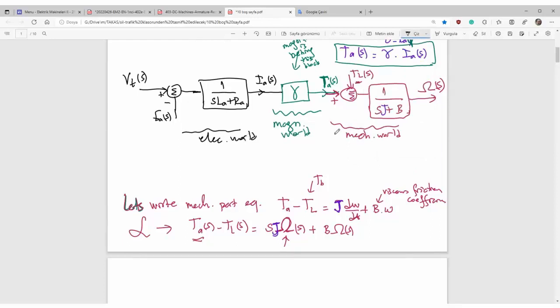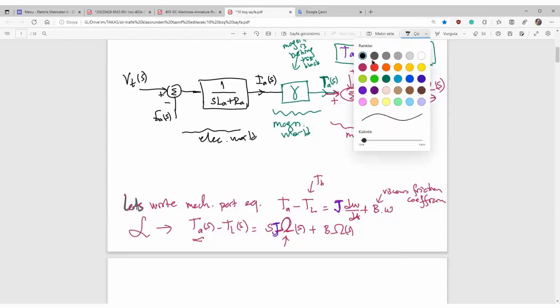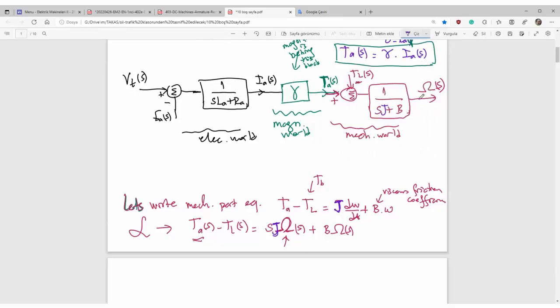And then, ladies and gentlemen, there is a terrific connection. I like it very much. There's a connection between the mechanical world and the electrical world. The connection is how we got electromotive force. Remember the electromotive force equation.